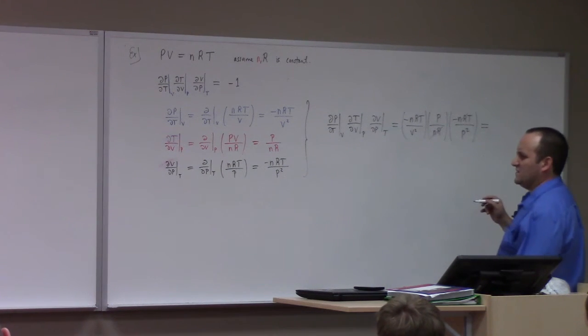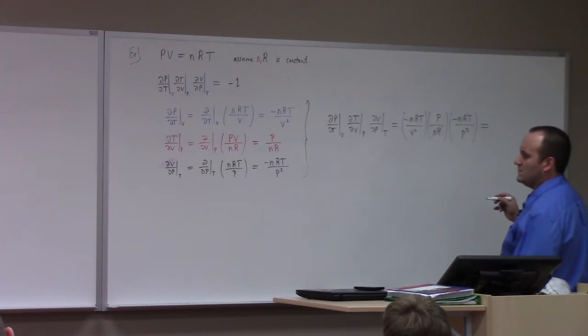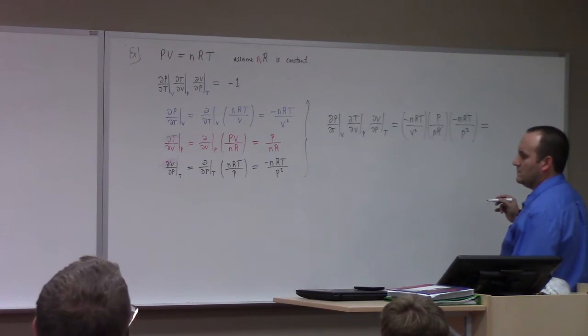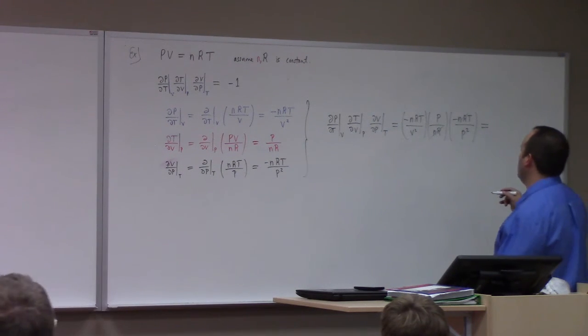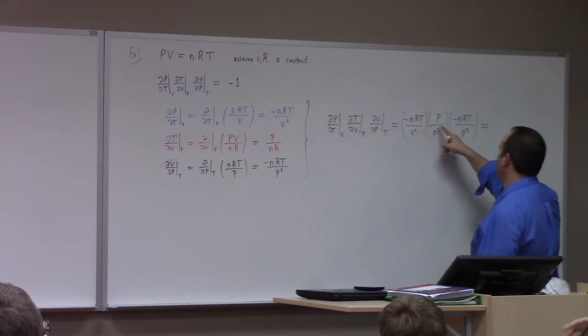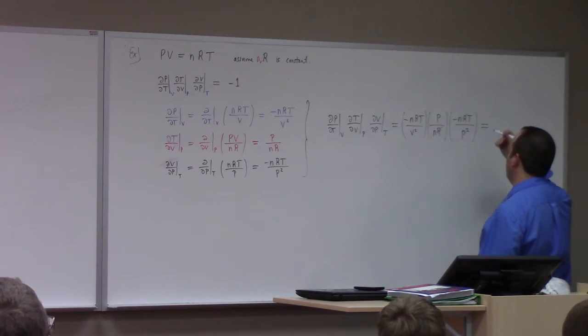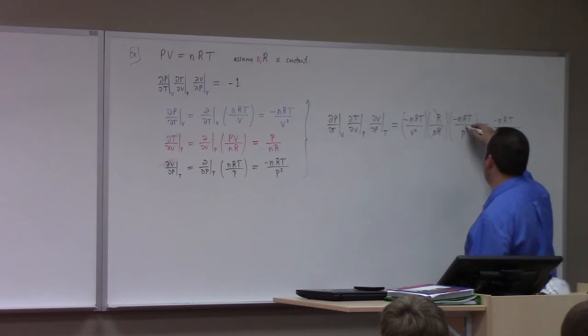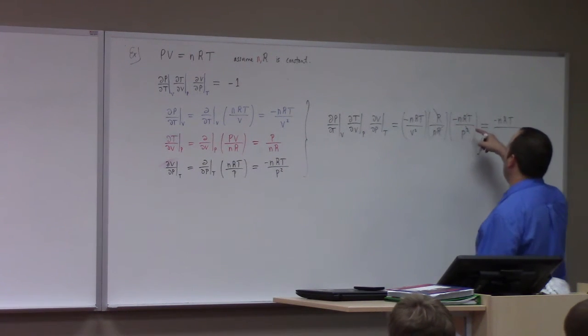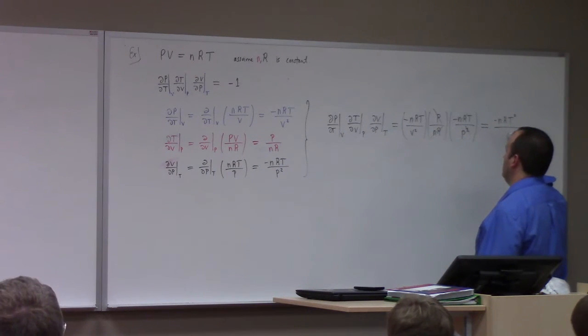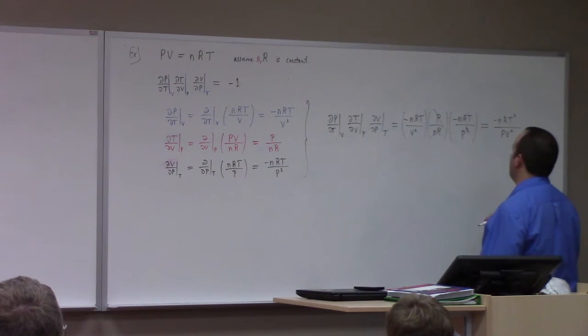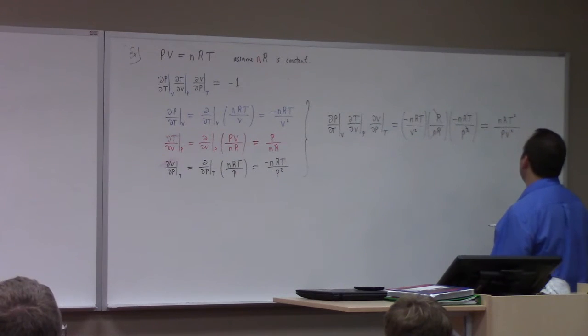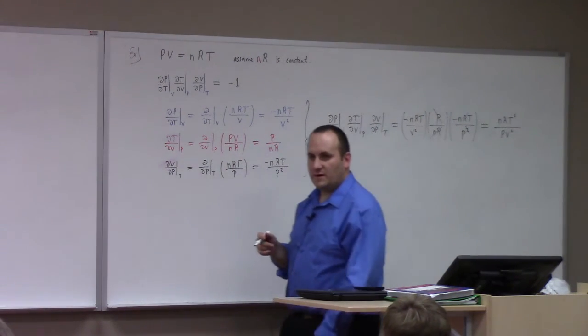I feel like I should have more v's. Well, anyway, what do we get? Minus nRt, the p and the p cancel, so I get nRt squared divided by pv squared? Wait, isn't it positive on top, because we didn't cancel the negative? Oh, thank you. Do you guys agree, nRt squared divided by pv squared?